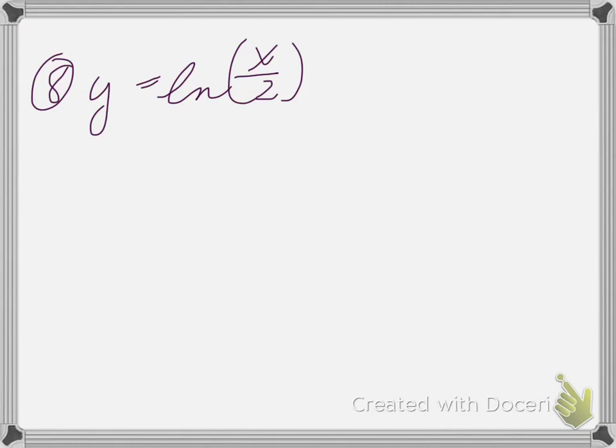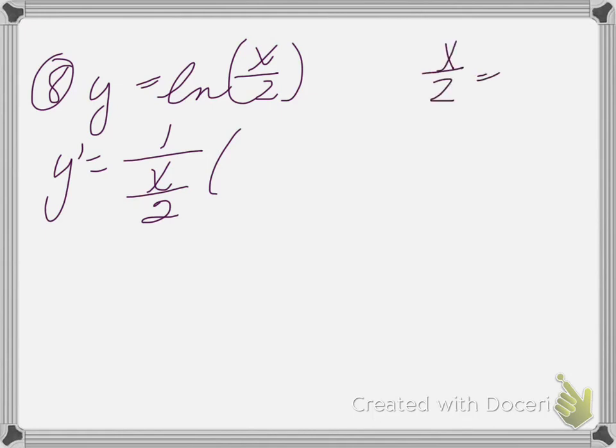Okay, for number 8, you need to find the derivative. So the derivative of ln of something is 1 over that something times the derivative of the something. Okay, so the something is x over 2, but x over 2 can be written as 1/2 x. So the derivative of that would just be 1/2.